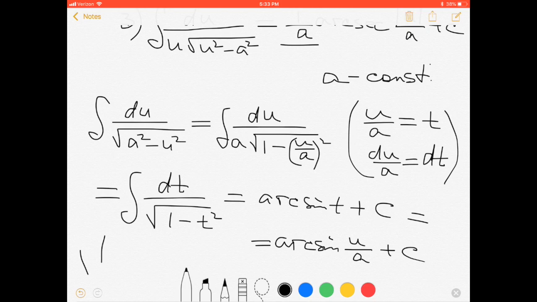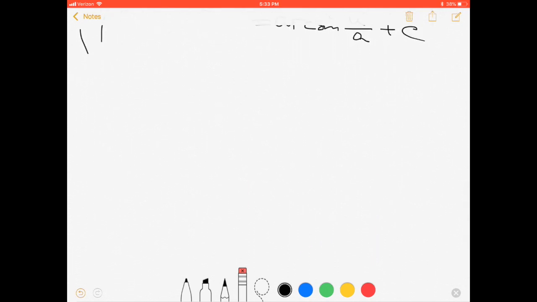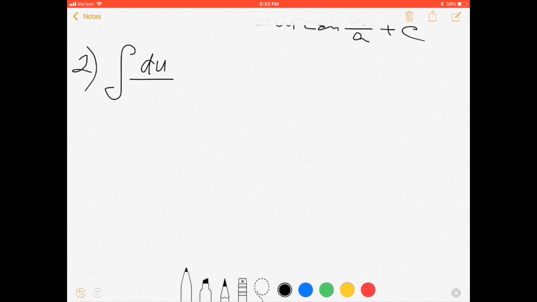Okay, let's move to the next one. I think we prove the second one, and the third one you can do yourself. Believe me, it's absolutely the same. The integral du over a squared plus u squared.